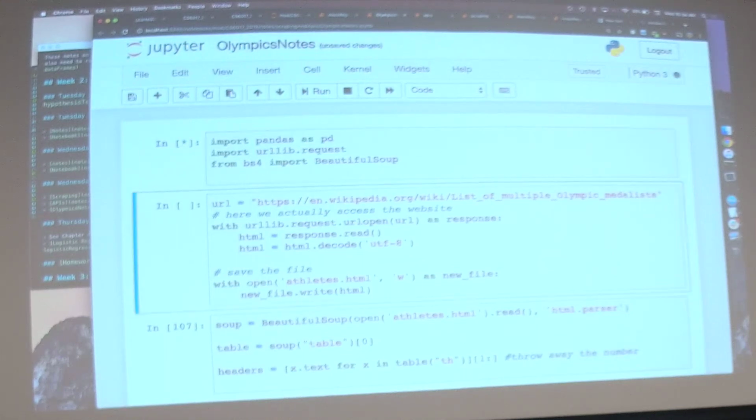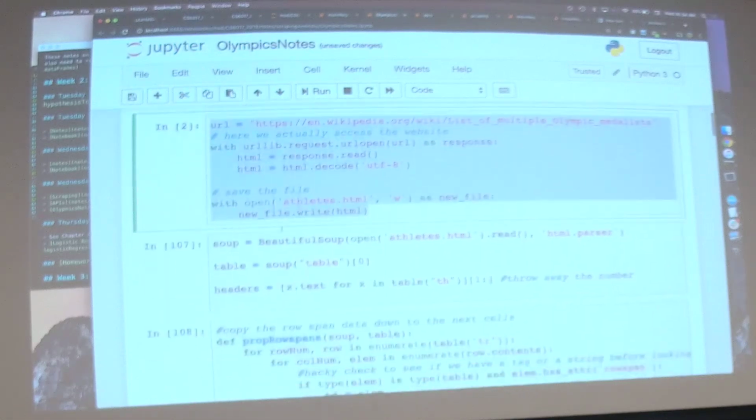Okay, so we're going to grab the list of multiple Olympic medalists. We'll grab the data. We'll save it locally so that we don't have to keep hitting Wikipedia to work with it. Okay, so now we only have to do this once.